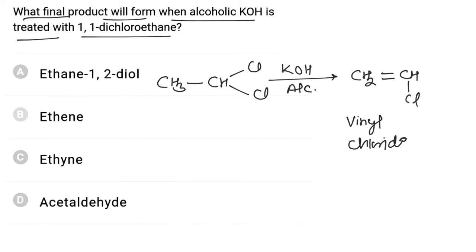Now this vinyl chloride is still having one H and Cl. On further reacting with alcoholic KOH, it will again remove H and Cl, and it will be finally converted to acetylene. So ethyne is the final product formed, and hence the correct answer is C.